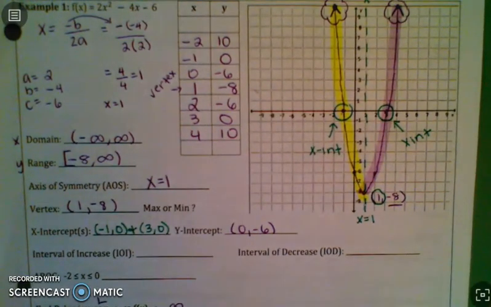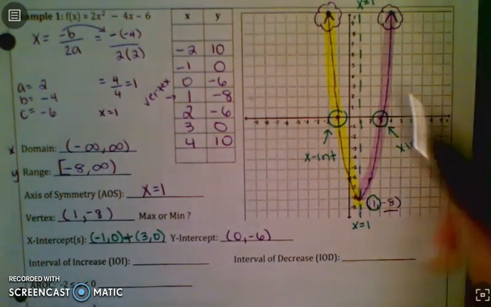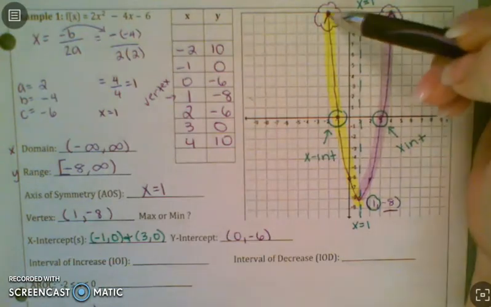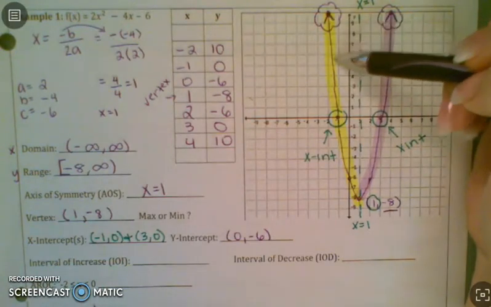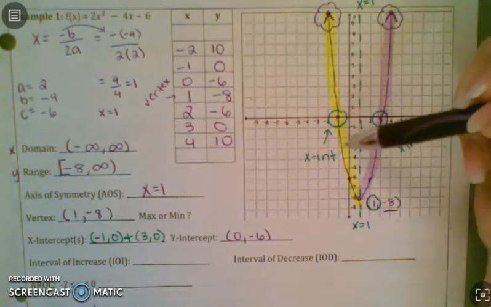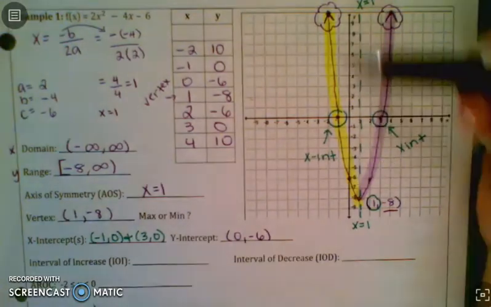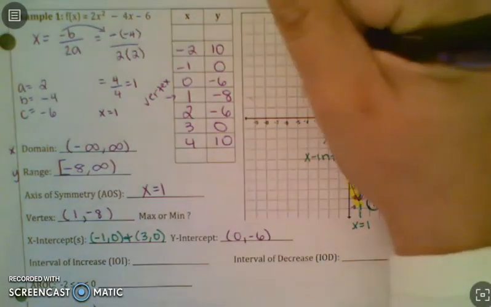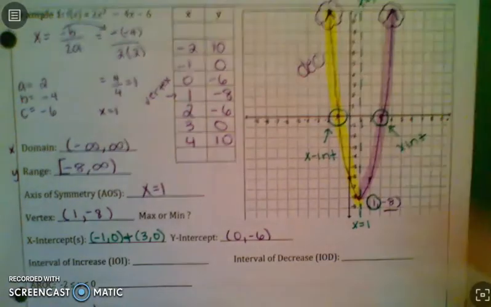If I was a person walking on this hill, if I start here, as I go this way, I'd be running downhill. Since this is downhill, this is the decrease side.